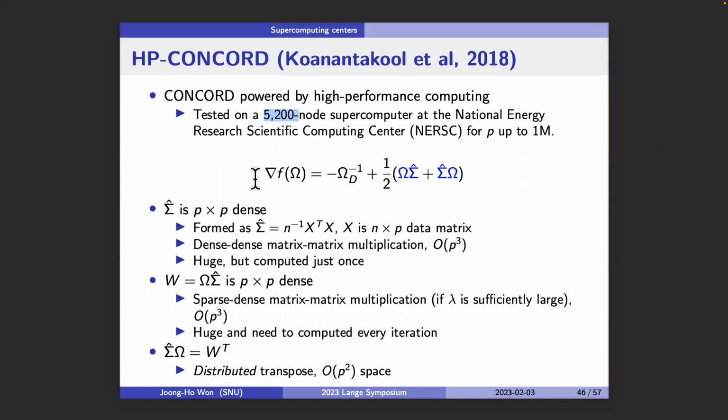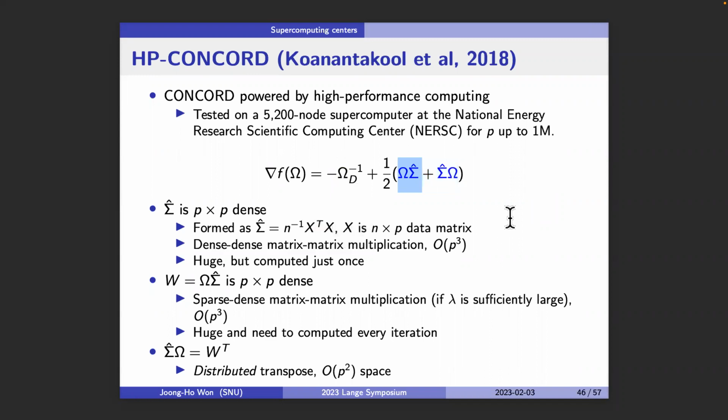The main reason that this HP version of CONCORD works is to look at the second part of the gradient of the smooth part of the objective function. The first part, diagonal inversion, costs almost nothing, but now this part becomes problematic.